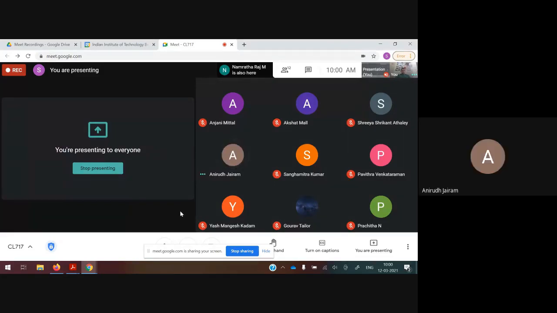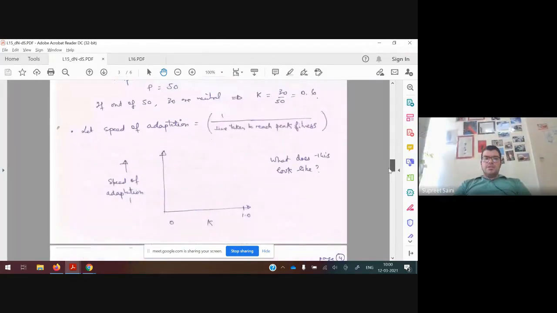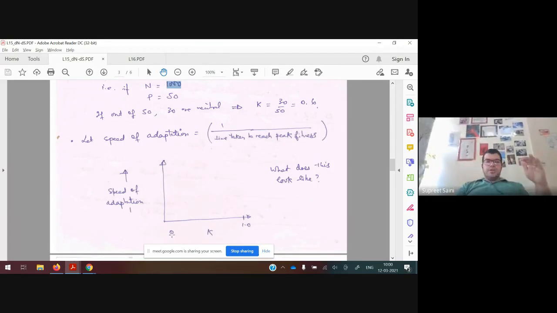Okay. If that is the case, then what do you think this graph looks like? So you can tune the variable k from 0 to 1. K equal to 0 means that there are no neutral mutations. Every time a mutation occurs, your fitness level changes.